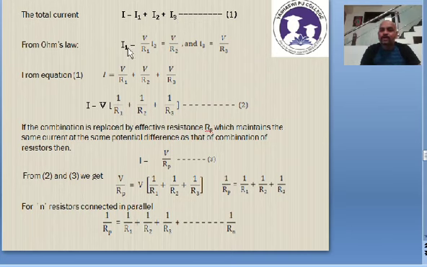So you know that from Ohm's law, I1 is equal to V by R1, I2 is equal to V by R2 and I3 is equal to V by R3. Substitute for I1, I2 and I3 in the equation 1. You will get I is equal to V by R1 plus V by R2 plus V by R3. Take V common and now you will get 1 by R1 plus 1 by R2 plus 1 by R3. Now this is the equation 2.